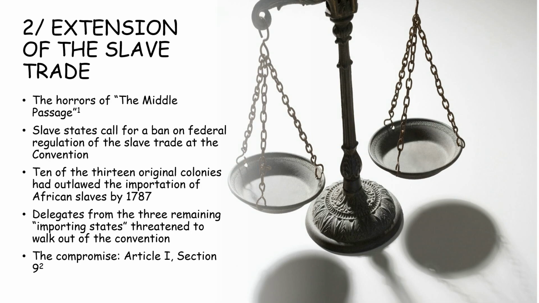And what the southern states were basically saying was, we need to be able to build up our stock of slaves in order to get to a point where we would have enough domestically that we could continue with the institution.